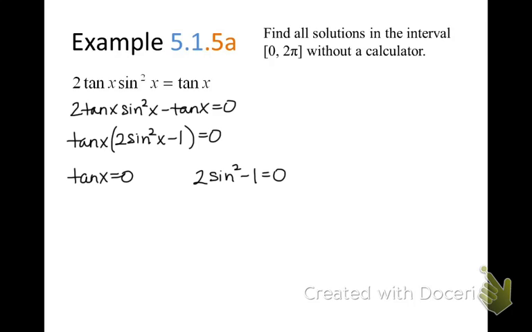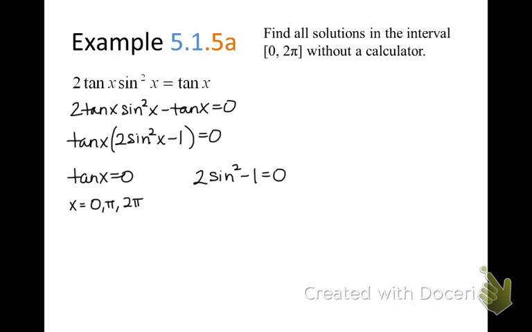When is the y value 0? At 0 and pi, and technically, since we included 2 pi, it's the same thing as 0, so it doesn't really matter. But those are the three angles where the tangent would be equal to 0.